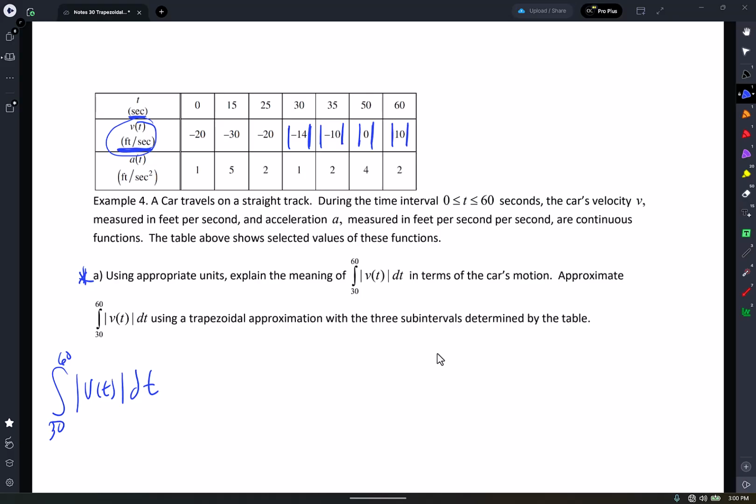First, start with telling me the units. Feet per second times second. Just feet. So this is going to tell me, not the position, and feet is not speed. The distance that we traveled from t equals 30 to t equals 60.